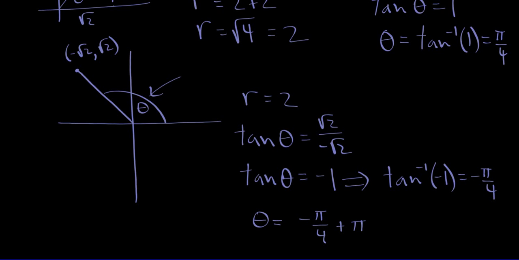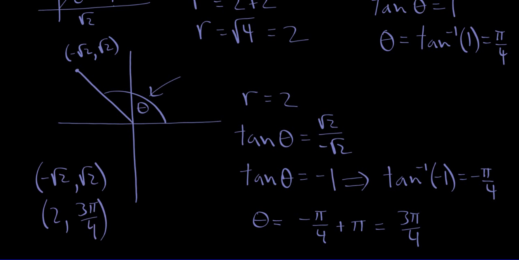It's never going to give you anything outside that range. So this would be 3 pi over 4. So in this case, we've got negative square root of 2, square root of 2, and in polar form that would be 2 and 3 pi over 4.